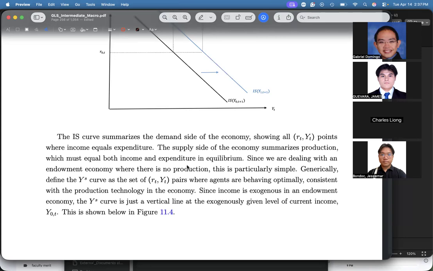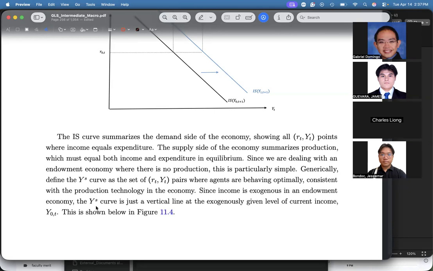S stands for supply. Since we are dealing with an endowment economy where there is no production, this is simple. Generically defined YS is literally just the endowment, right? It's just a number, 10, 20, whatever. YS is the set of R and Y pairs where the agents are behaving optimally, consuming optimally, consistent with the production technology of the economy, which is endowment.